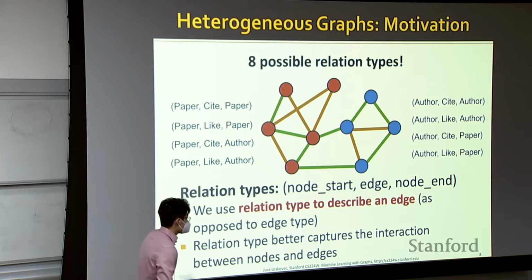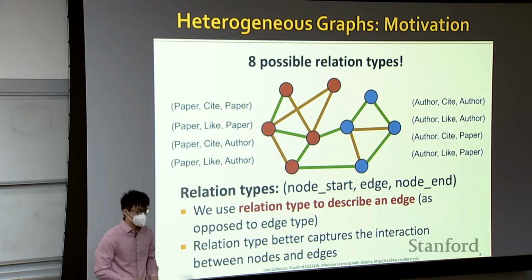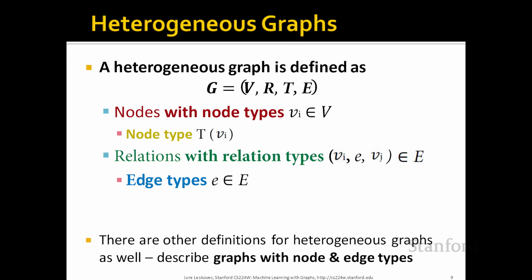Okay, so we'll talk about this relation type throughout this lecture. With this definition, we can now formally describe what a heterogeneous graph is. First, a disclaimer. There are multiple ways to define a heterogeneous graph, and you may read different definitions in blogs or research papers.